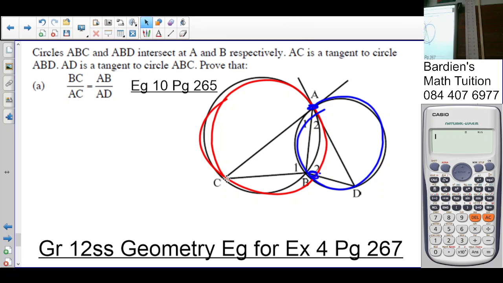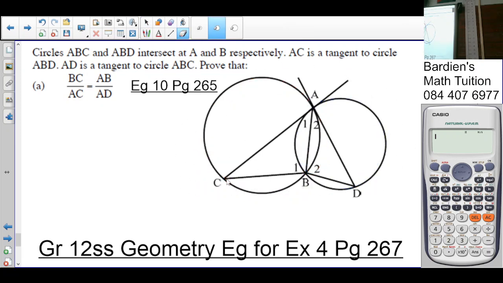Respectively means to say in that order. AC is a tangent to circle ABD, which means to say that A1 is equal to angle D. Why is that the case? Tan chord theorem.